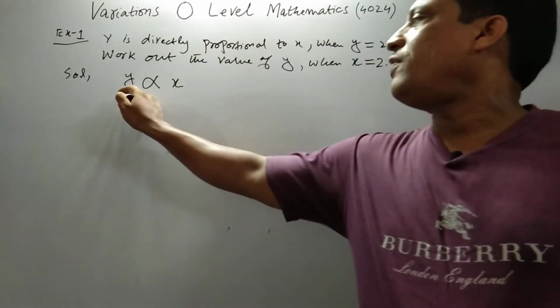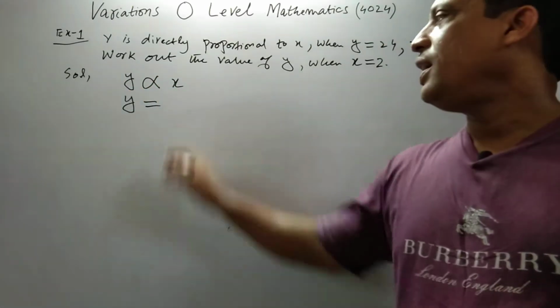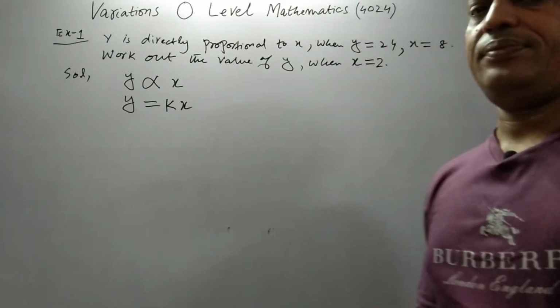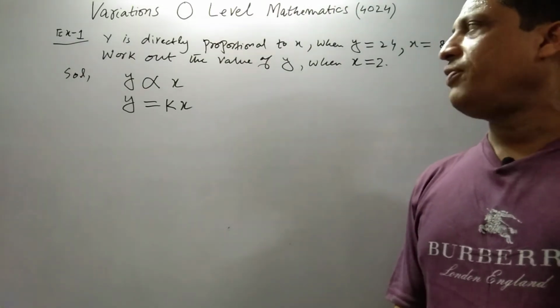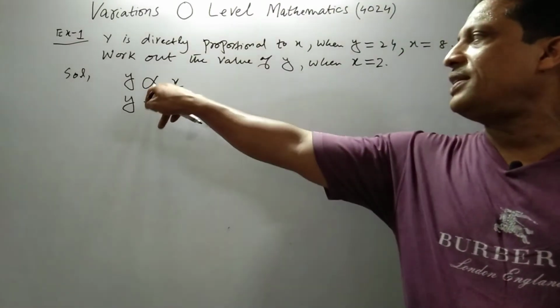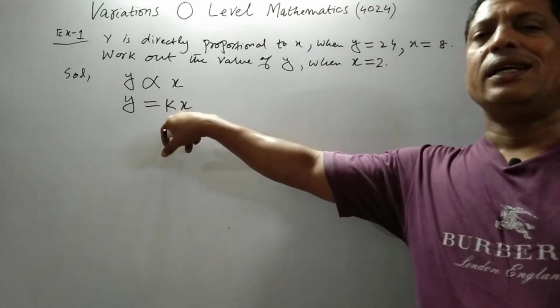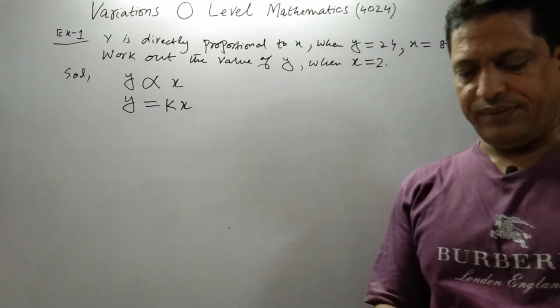How to convert to an equation? Drop this sign, put an equals sign, write the constant of proportionality k and x. In every question of proportionality, we always drop this sign, put the equals sign with the constant of proportionality k and write the quantity x.